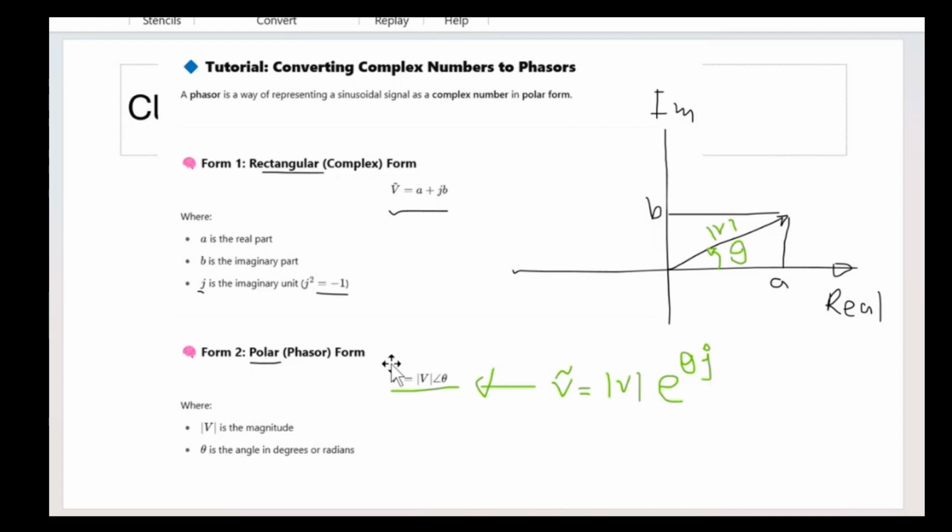And it comes from the fact that we can show this complex number also as a complex exponential number, as you can see here. Now we can convert rectangular format to the phasor and vice versa. In the next slide, we would like to talk about this conversion.